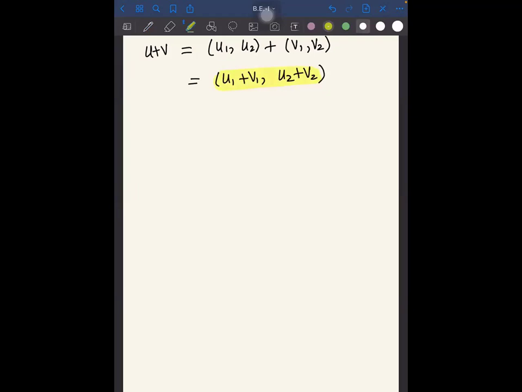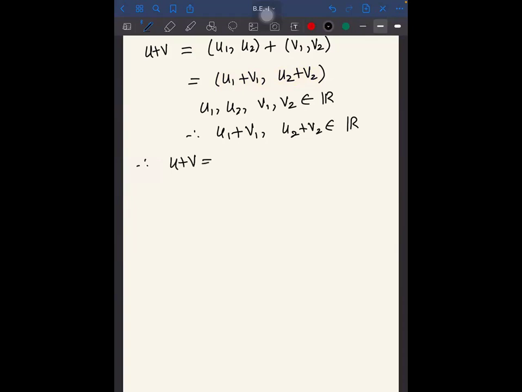Yes. Why? Because the addition of two reals is also real, so since U1, U2, V1, V2 belong to the reals, U1 plus V1 and U2 plus V2 also belong to the reals. So U plus V belongs to V, the plane.